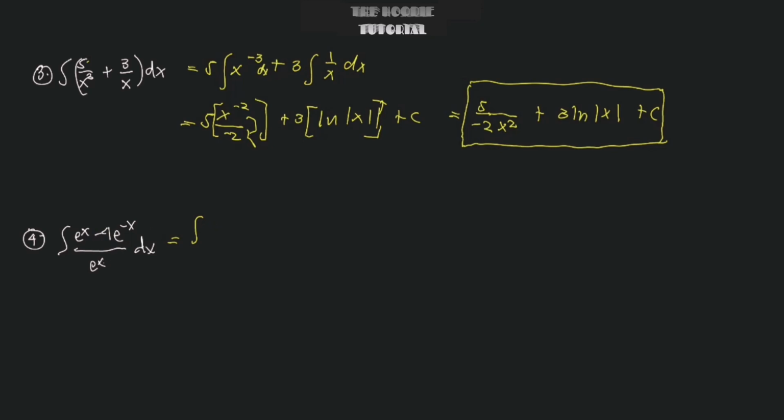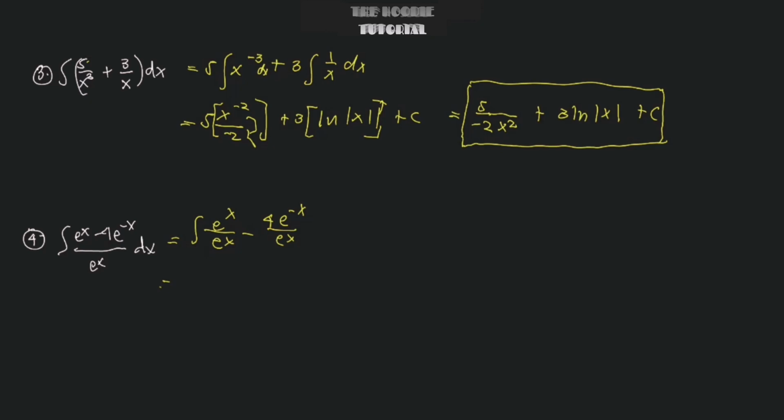Since we have the same denominator, we can put this as e^x over e^x, minus 4e^(-x) over e^x, right? We can put it this way because the functions are equal.